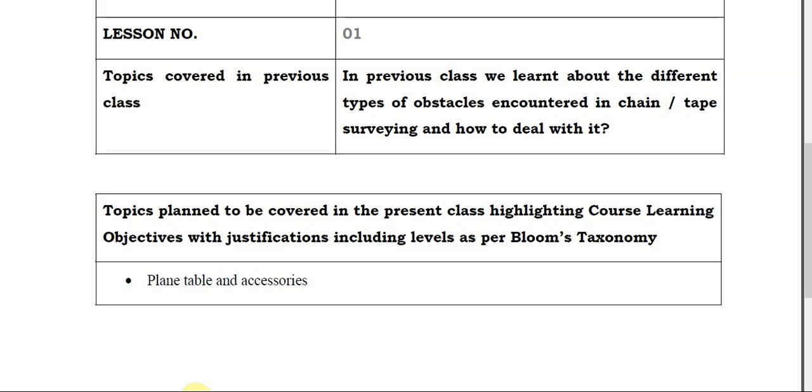Now to the table a drawing sheet is fitted and observations are made, distances are measured, and objects are plotted on the drawing sheet in the field itself. So in this type of surveying, both measurement and plotting are done in the field.